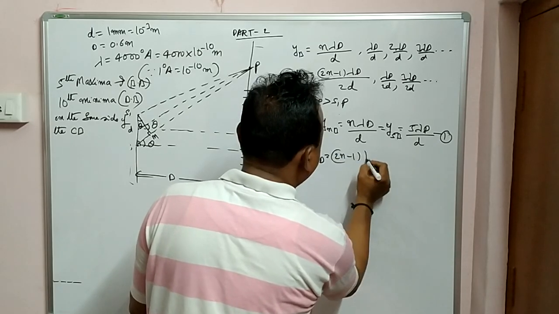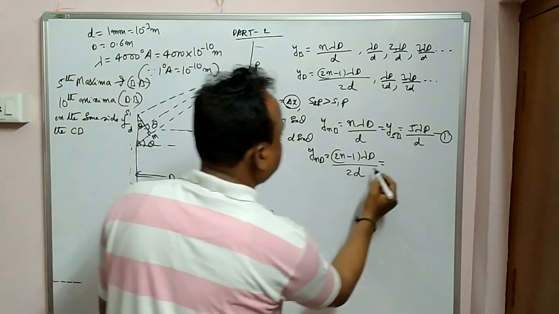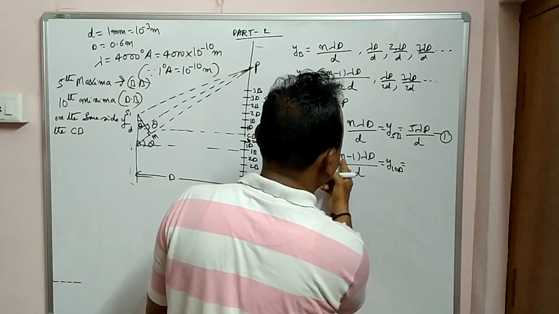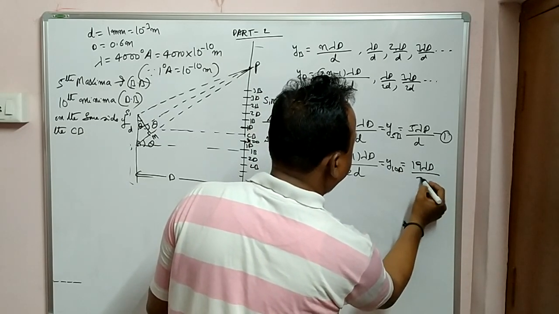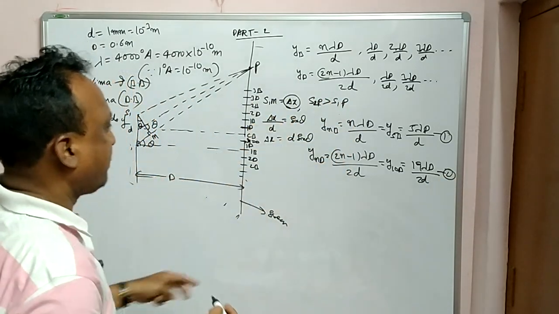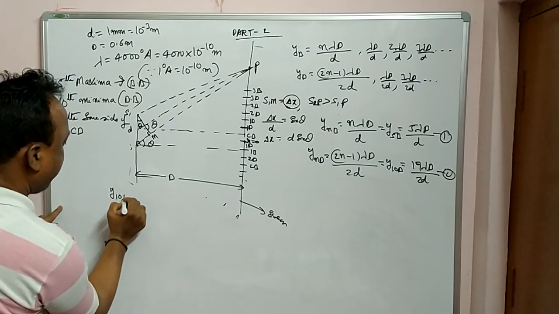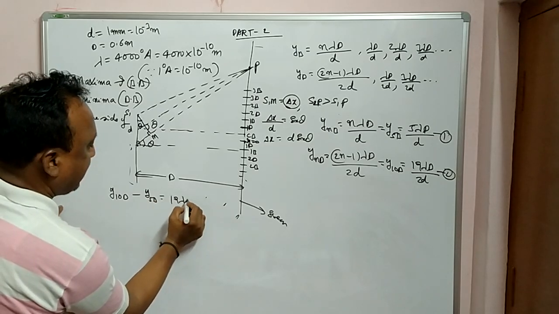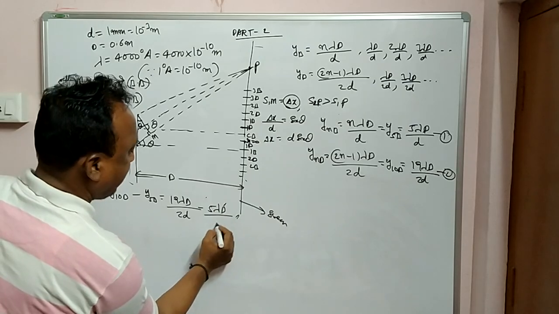What is the formula for the nth dark? 2n minus 1 into lambda D by 2d. So here put the value 10. So y10 dark is equal to 2 into 10 minus 1, that is 19 lambda D by 2d, equation 2. So the distance between these two, the separation, is this minus this one. That is y10 dark minus y5 bright, which is 19 lambda D by 2d minus 5 lambda D by d.